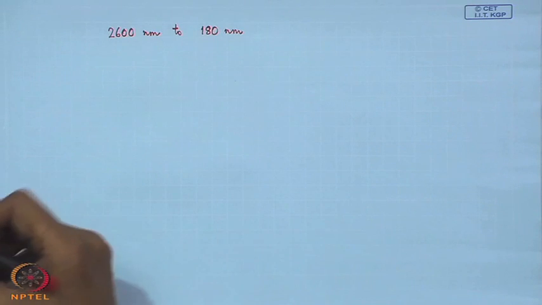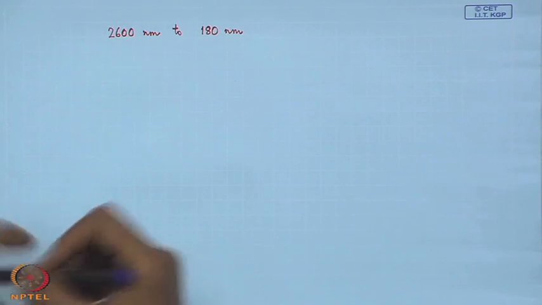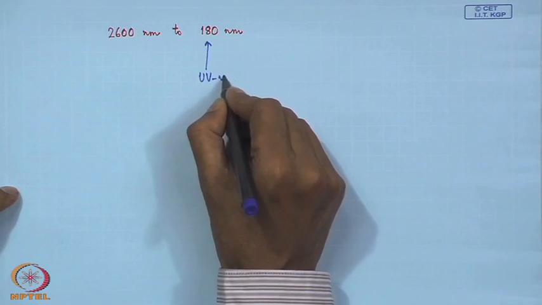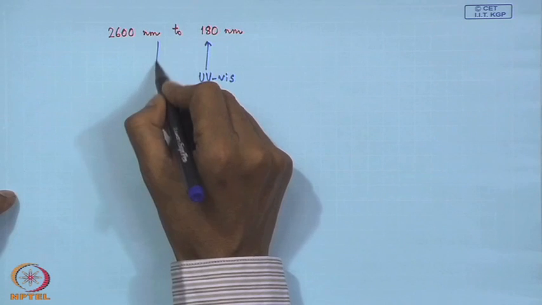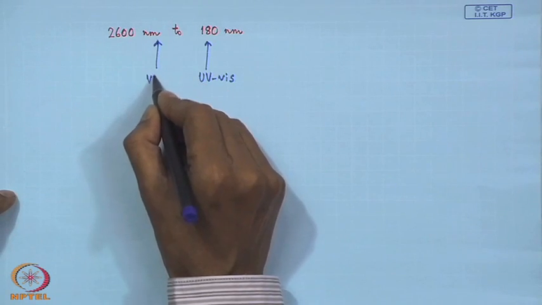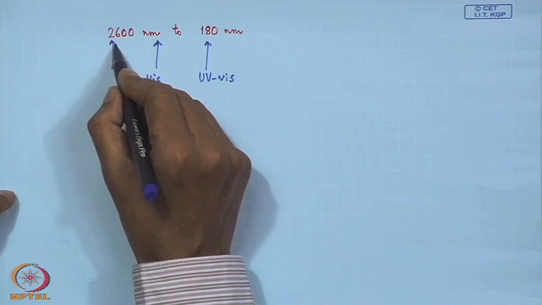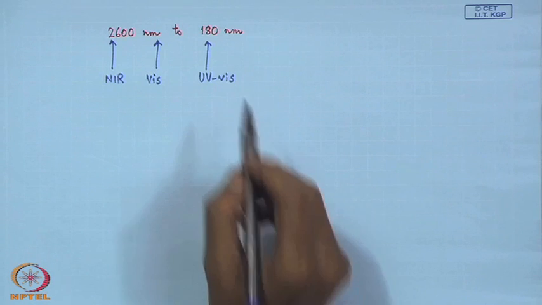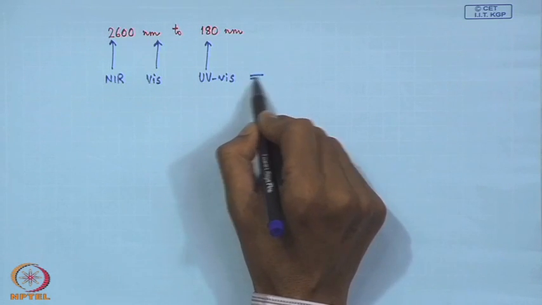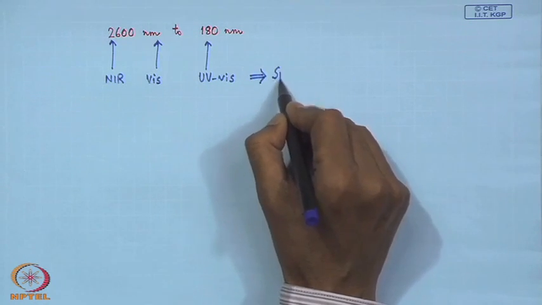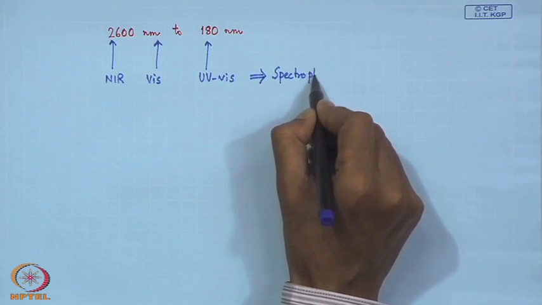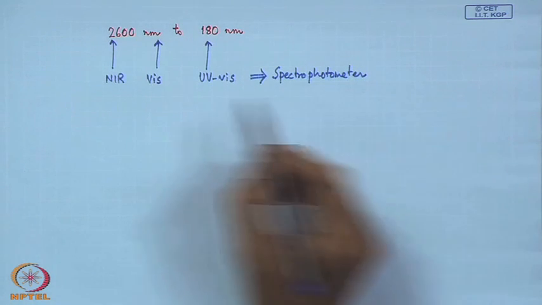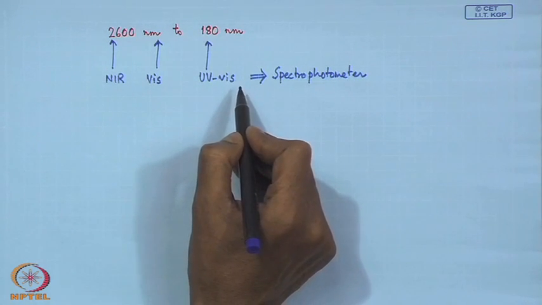So all these ranges appear nicely within the electronic spectrum: the UV visible range, the visible range, and then the NIR range. In one single spectrophotometer we can measure all these three together.